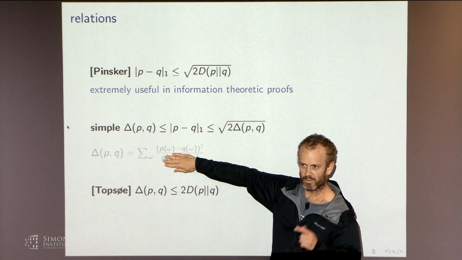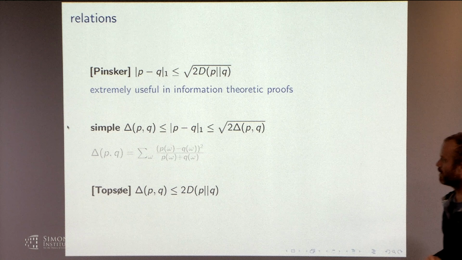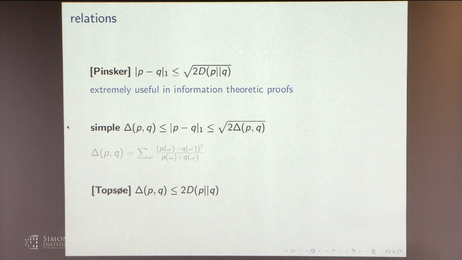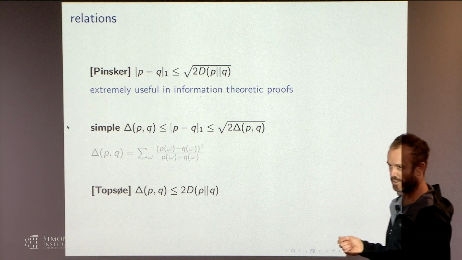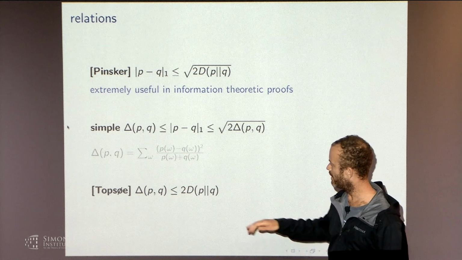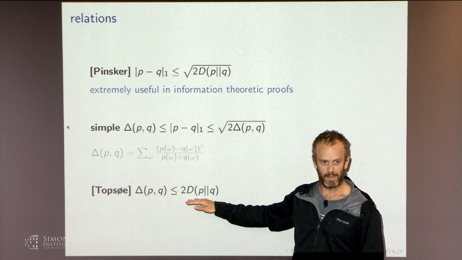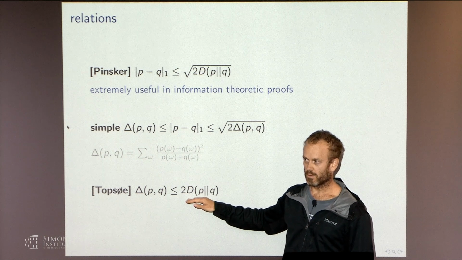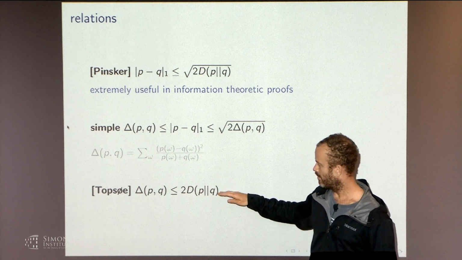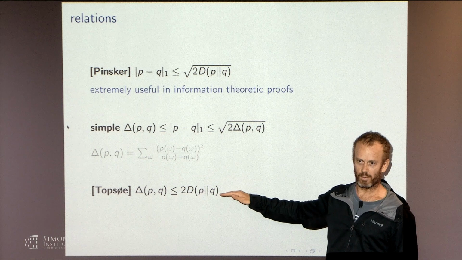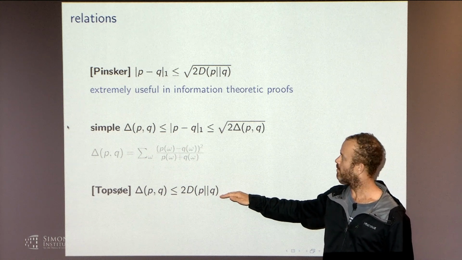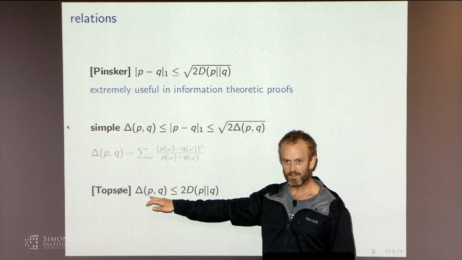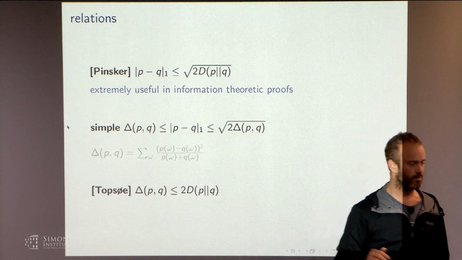Not L2, L2 squared. And the last thing, which is most important to us, is that when you try to do Pinsker with this, there is no square root. This is the most important property for us. So there is an analog of Pinsker, but there is no square root.